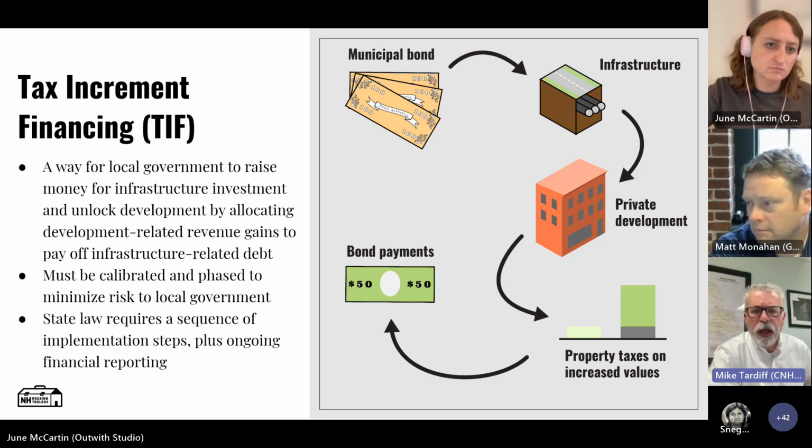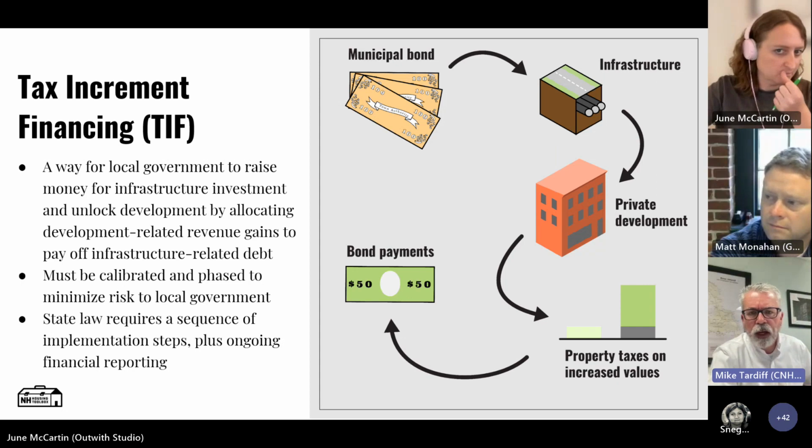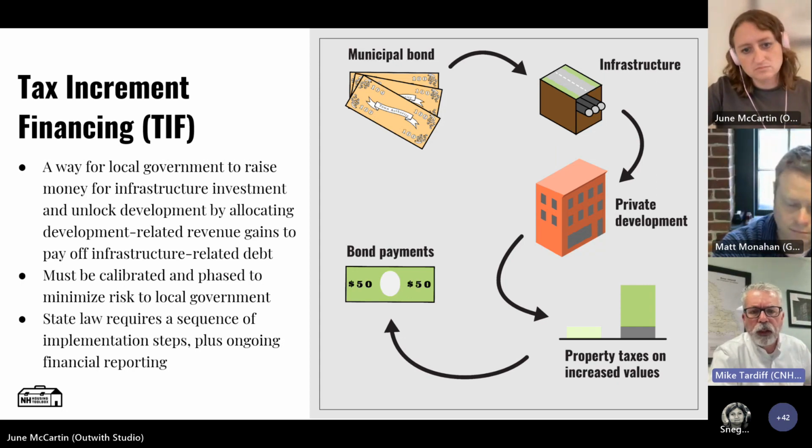You need to develop a plan, but essentially it's a tool to be proactive, to develop infrastructure within a specified area, and however that's financed, that financing is paid off by the increase in the tax valuation of that district. There are great examples of smaller communities.